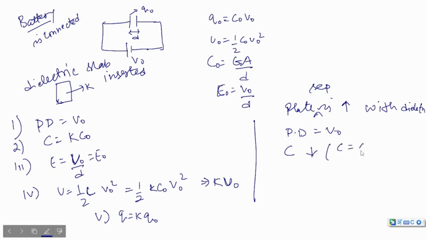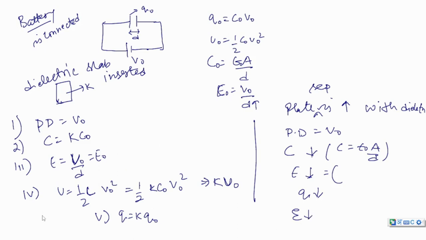Because C is epsilon naught A by D. Electric field will also decrease, because V is constant, so if D increases, then E will decrease, right? Charge will also decrease. Energy will also decrease. Now, since Q equals C V, and capacitance is decreasing and V is constant, Q will also decrease.